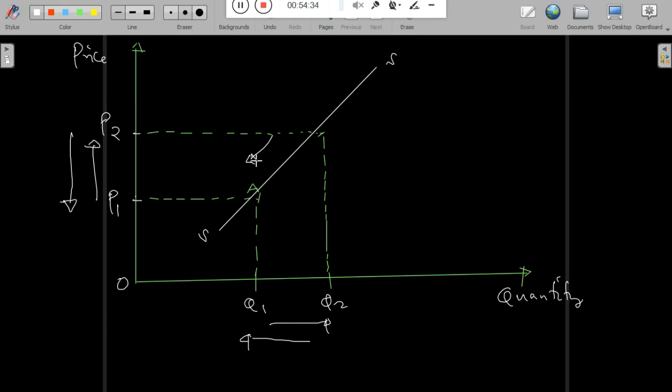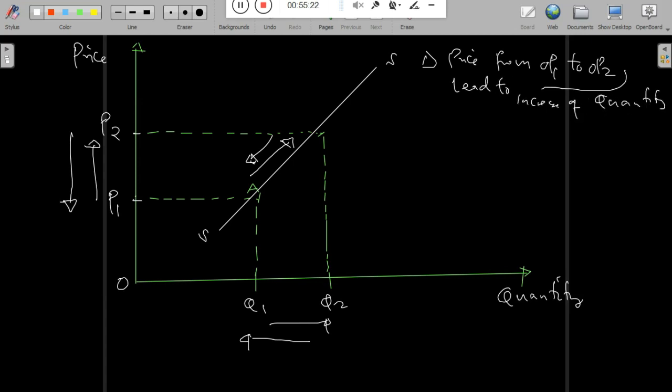So the supply curve moves upward from left to right. Any change of price affects the quantity, and we observe that when the price increases from P1 to P2, the quantity supplied increases from Q1 to Q2, and vice versa: when the price decreases from P2 to P1, the quantity supplied declines from Q2 to Q1.